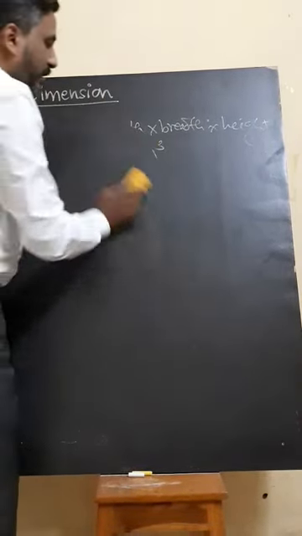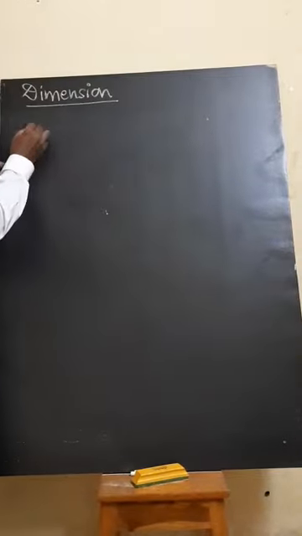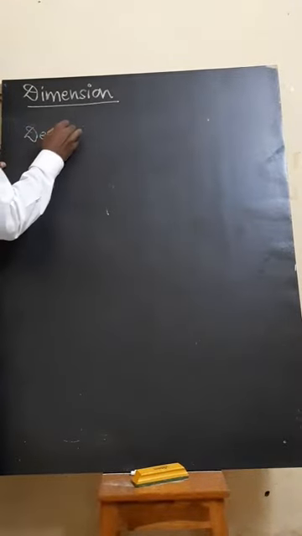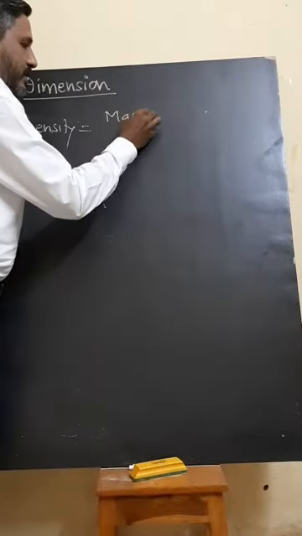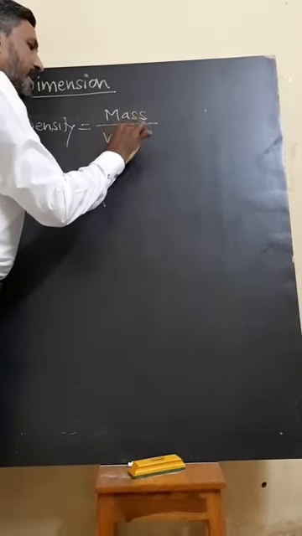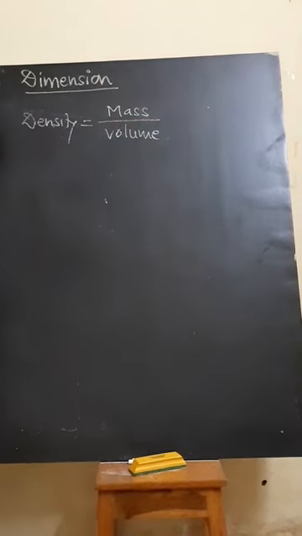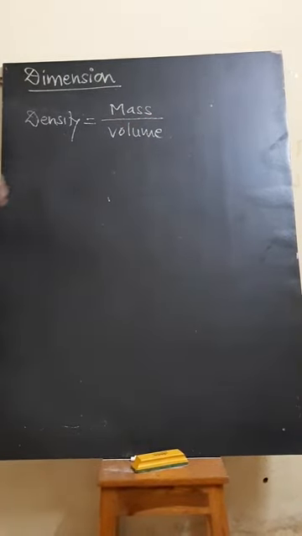Now we see one more example, that is density. Everyone knows the formula for density: mass upon volume. Now I am expressing it in terms of unit.